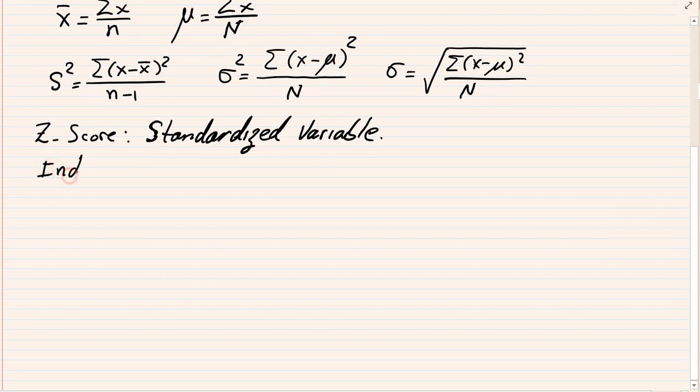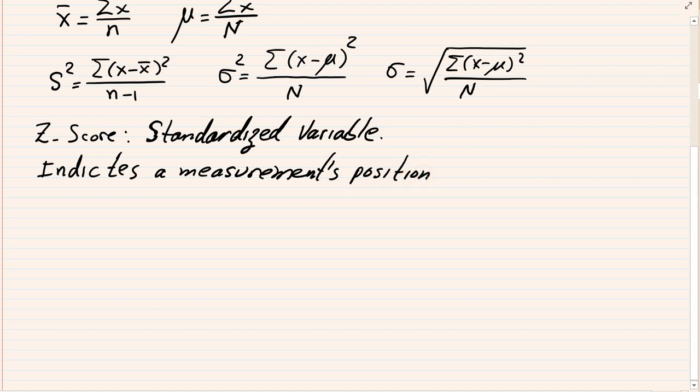So what is a Z-score? A Z-score simply indicates a measurement's position. That's all it does. It looks at the relative position, a measurement's value relative.